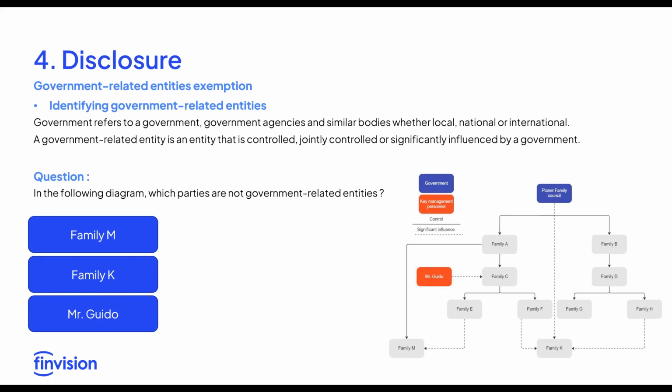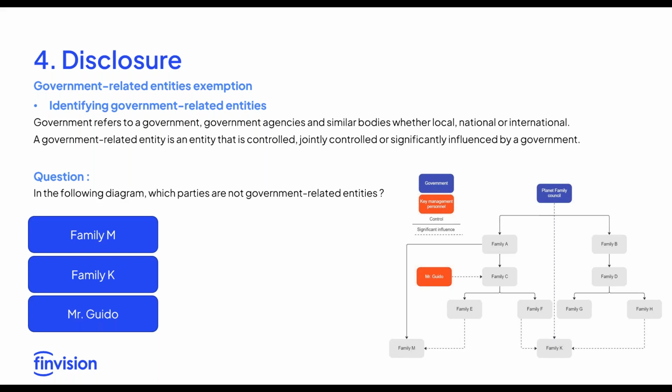Let's look at an example now of government-related exemptions, because the list of required disclosures I described applies to everybody, except if there would be a government-related exemption. Then, and I'll explain later on, you will be limited to a number of descriptions, but not the full list as I explained earlier. What is now a government-related entity?